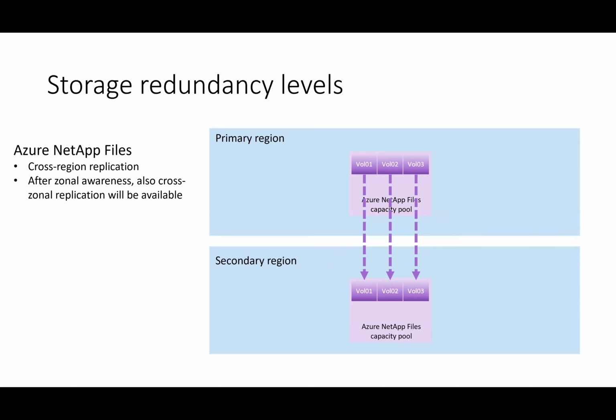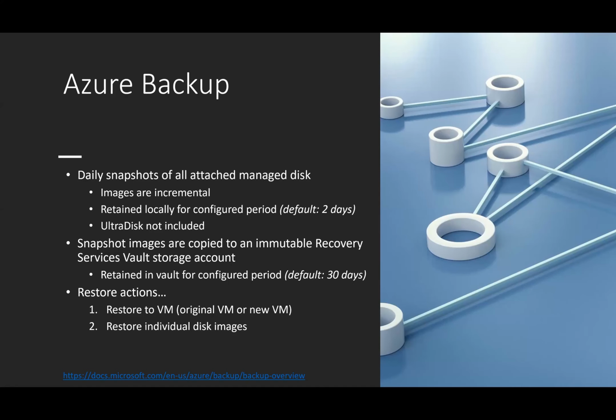It's basically called cross-region replication. So volumes that are in a primary region can be copied across to other regions, or in the future other zones, for that cross-zonal awareness when zonal awareness becomes a part of ANF. So ANF, very durable, very fast, and very resilient.